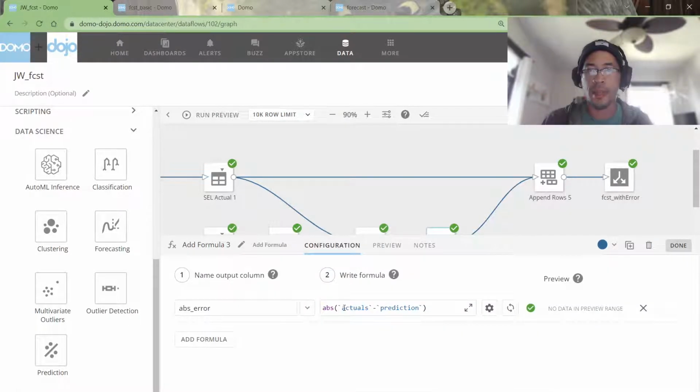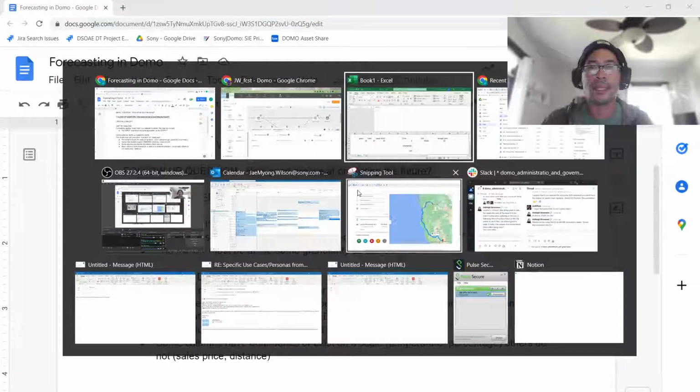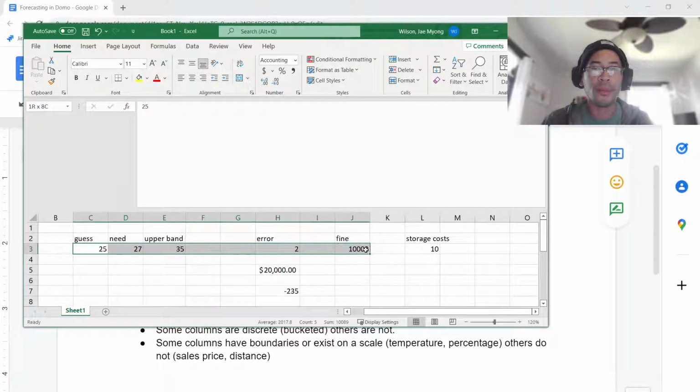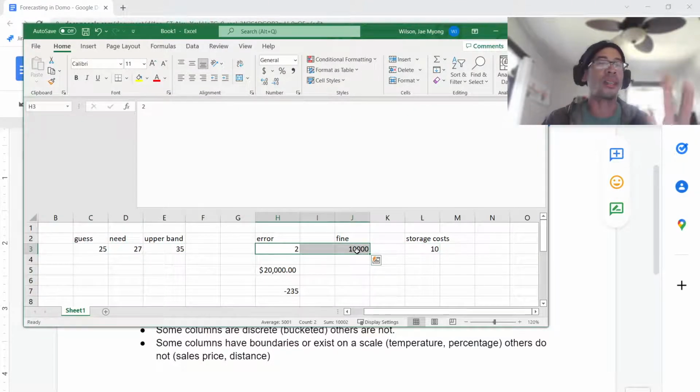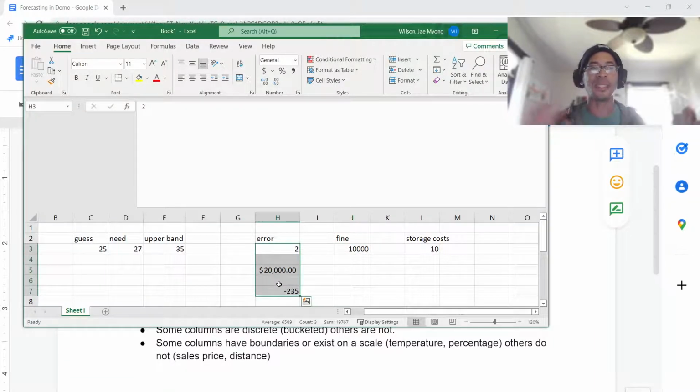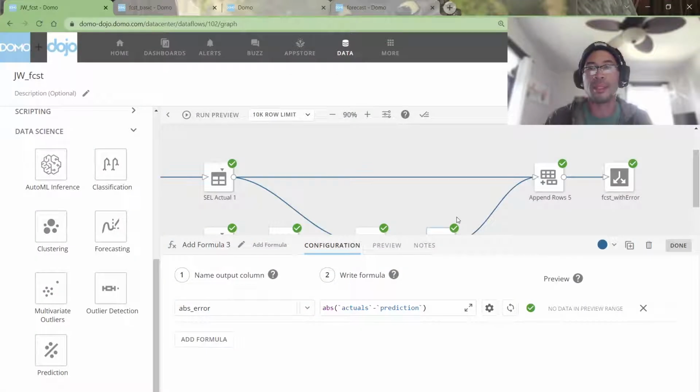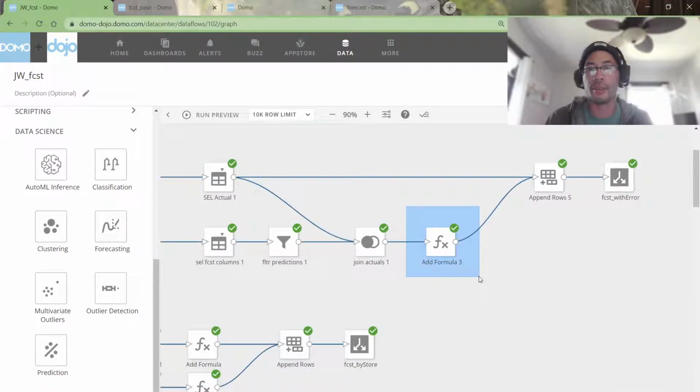And I just do the math, absolute error. Now, as we discussed, your error model might have a fine and a cost associated with being plus or minus. You might have a different way of assessing how bad it is, and you would just build that error calculation into this step that we're doing here.